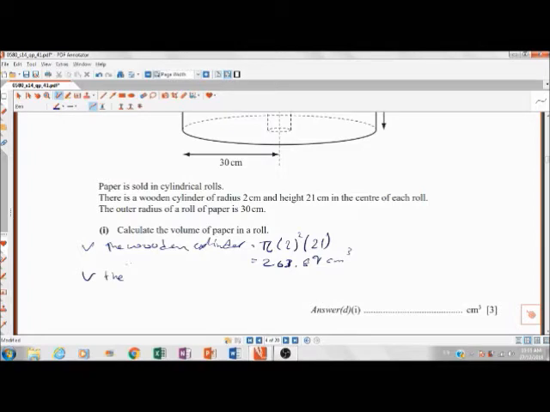And then get the volume of the paper cylinder roll, same thing but with different values, pi r square times the height, 21.